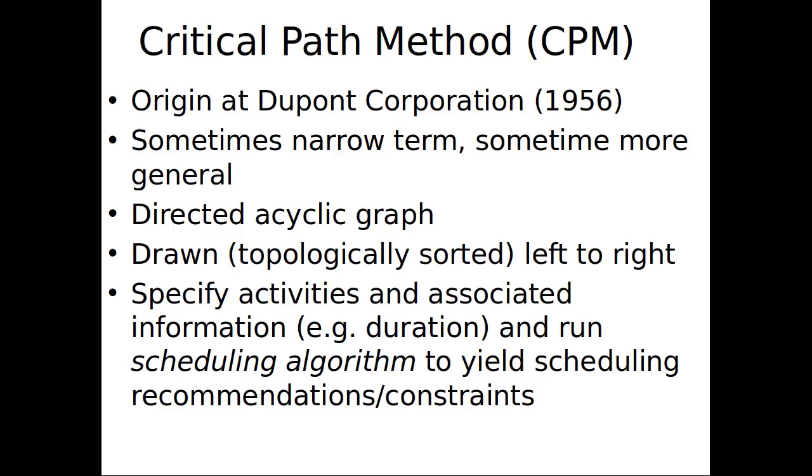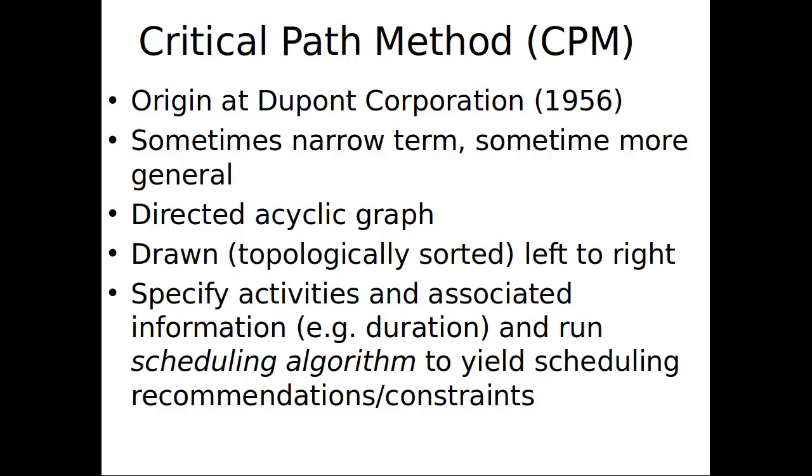It's directed. You have arrows indicating, so here it might be A, B, C. B depends on A, so there's an arrow from A to B, for example. So it's directed, it's acyclic, there are no cycles in it, and it's a graph.